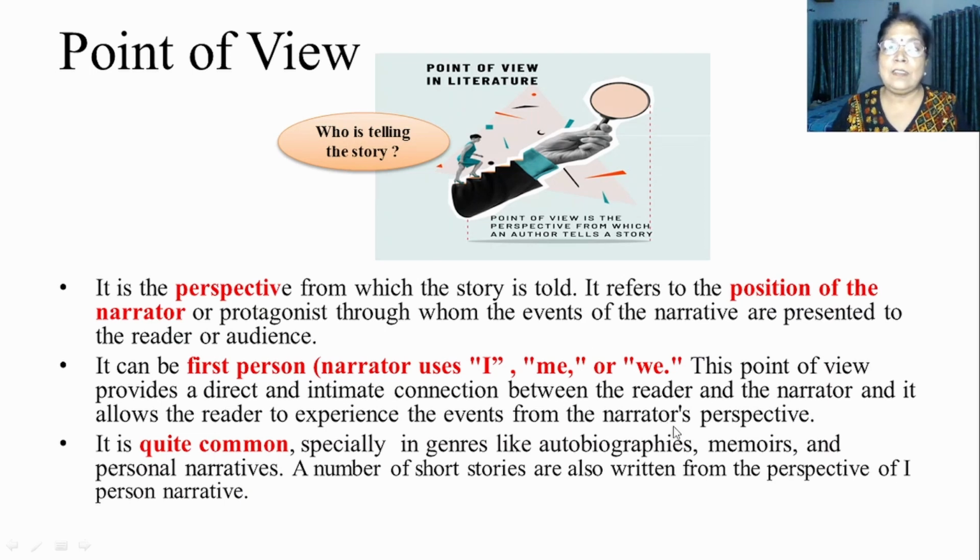For example, if a certain incident had happened, and the narrator explains that it was by the mistake of someone else, then the reader would automatically understand that this has happened because of the mistake of someone else. It means what the narrator is trying to project, as he himself is part of the story, the reader easily believes in it.